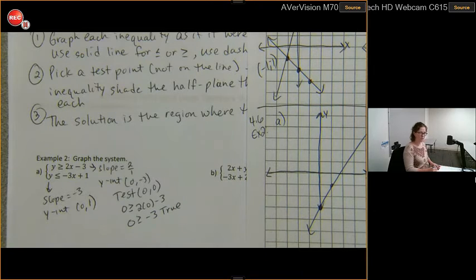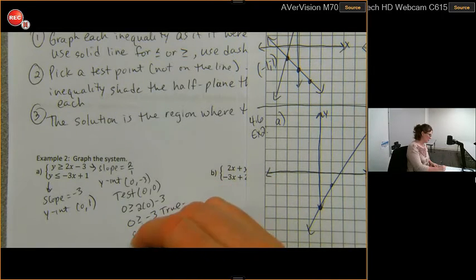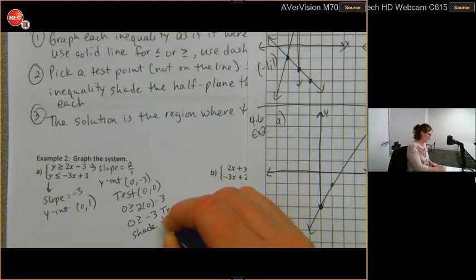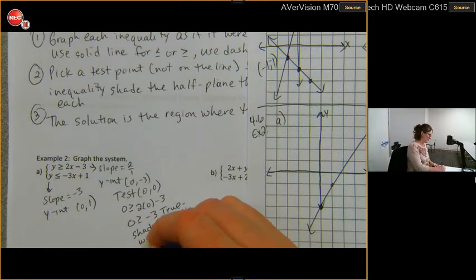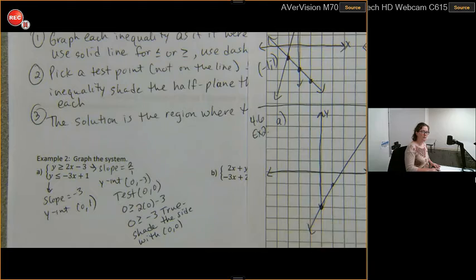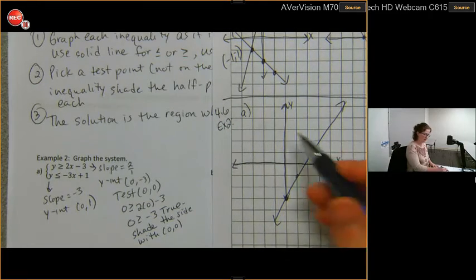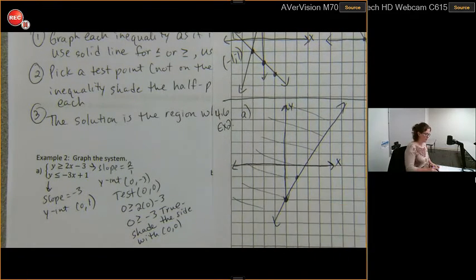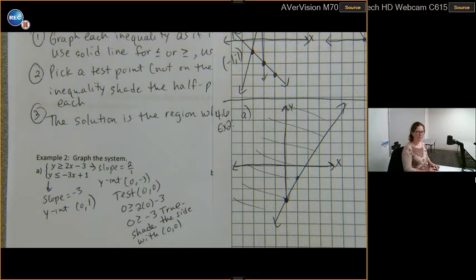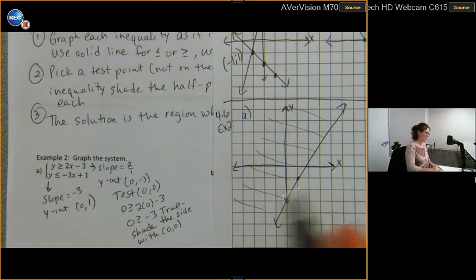And it is true. Since it's true, we're going to shade the side with the ordered pair 0, 0. And so from this line, that means that we're shading kind of the top left area. So all of that would be shaded in.